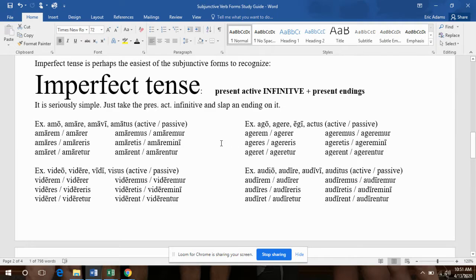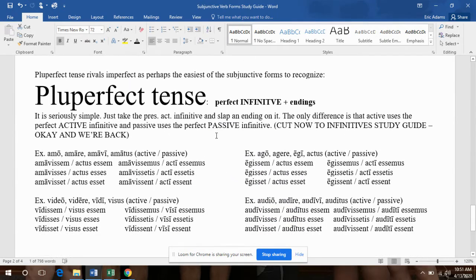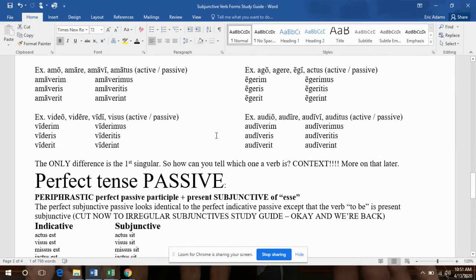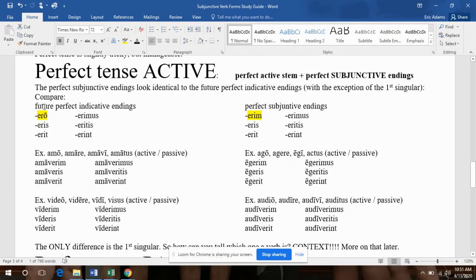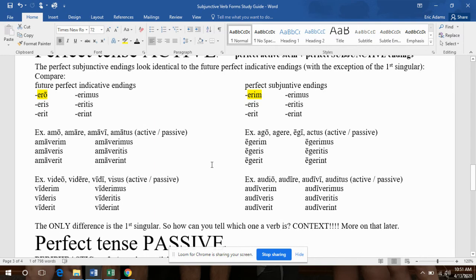Easiest, I would argue, are imperfect and pluperfect, and then that leaves the perfect, in that when it comes to the active, you won't know whether it is a future perfect indicative or perfect subjunctive unless you look at the context.